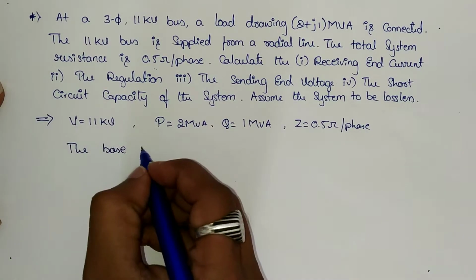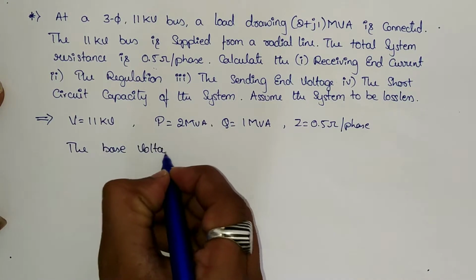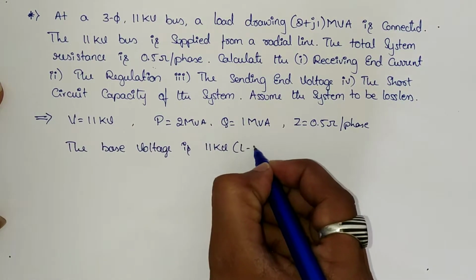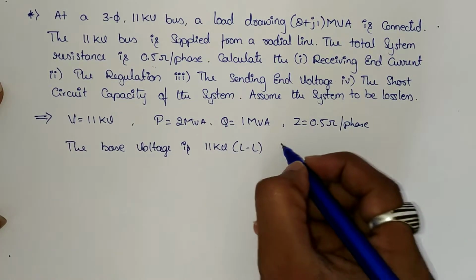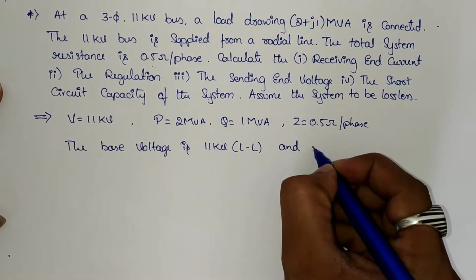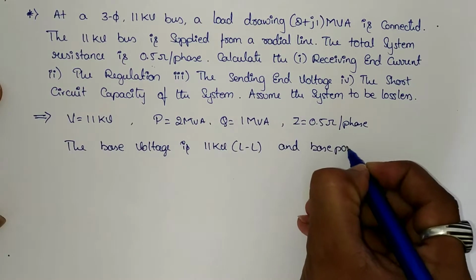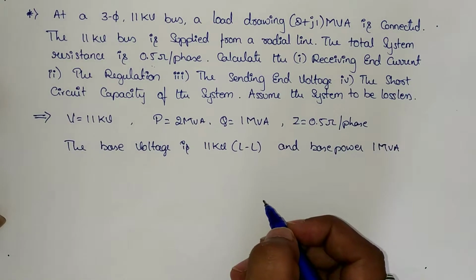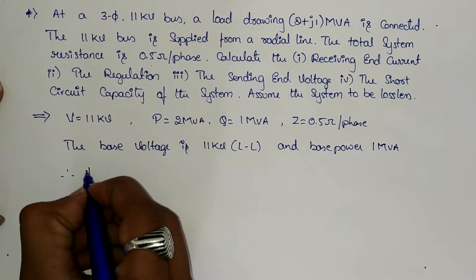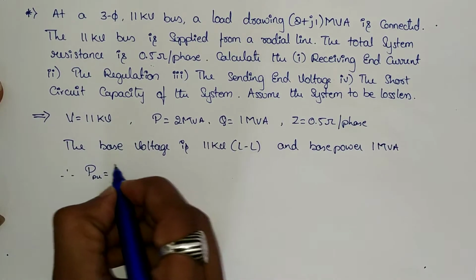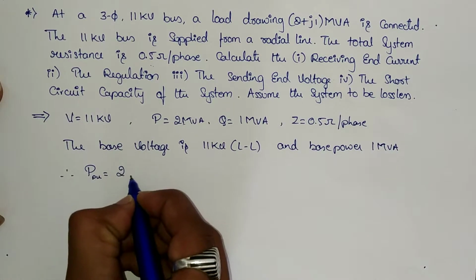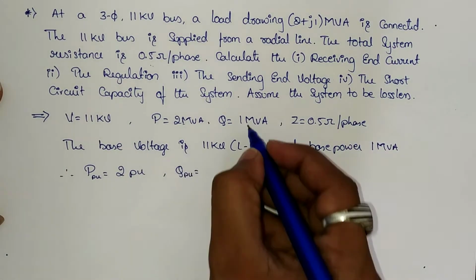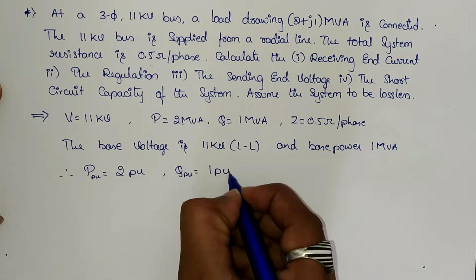The base voltage is 11 kV line to line and the base power is 1 MVA. Therefore, P per unit would be 2 MVA divided by 1 MVA is 2 per unit, and Q per unit is 1 MVA divided by 1 MVA is 1 per unit.